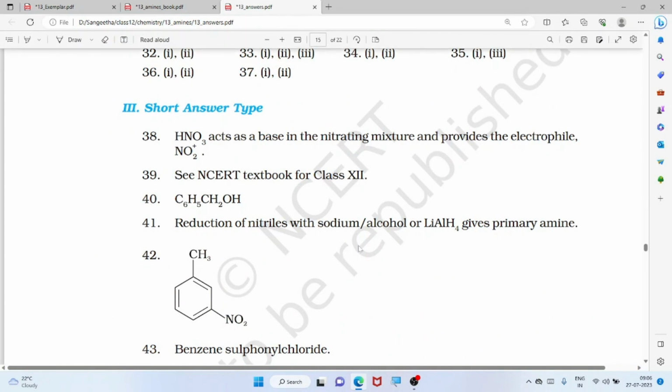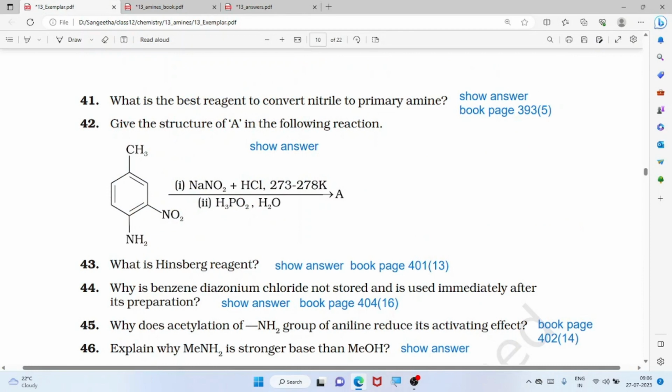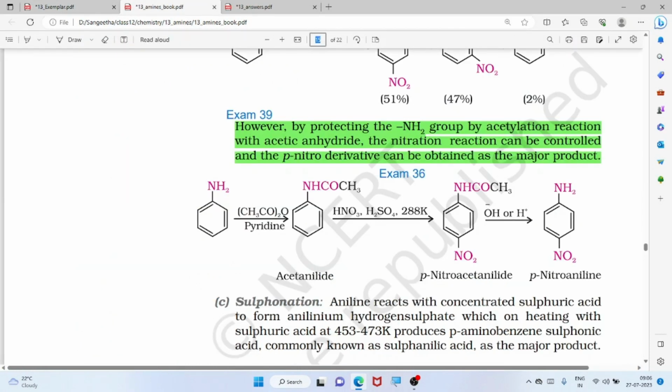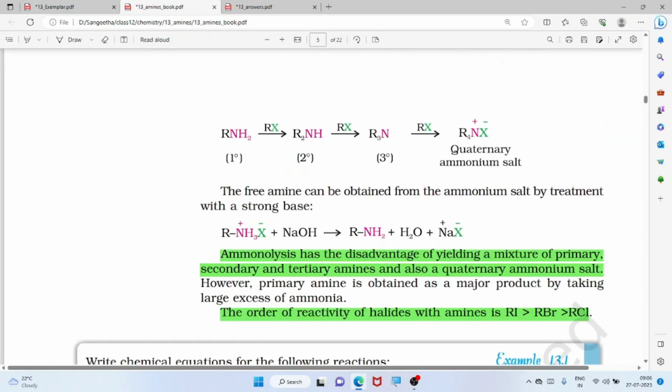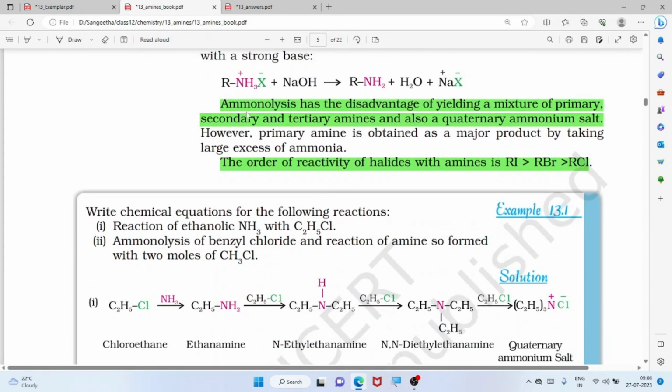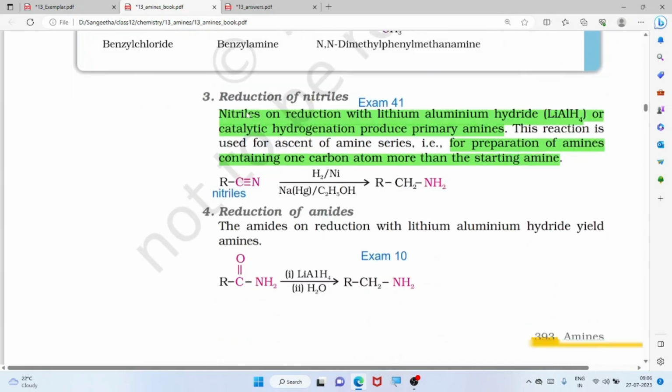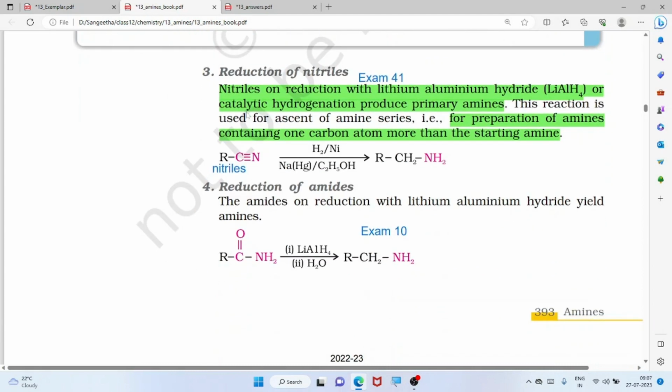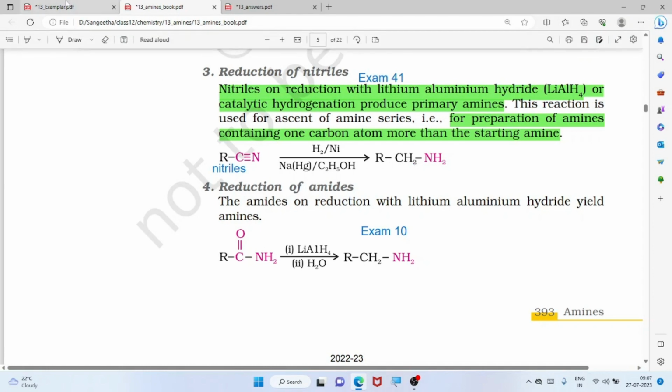Reduction with sodium alcohol or lithium aluminum hydride gives the primary amine. Okay, here this is the reduction of the nitriles. So you'll get this primary amine.